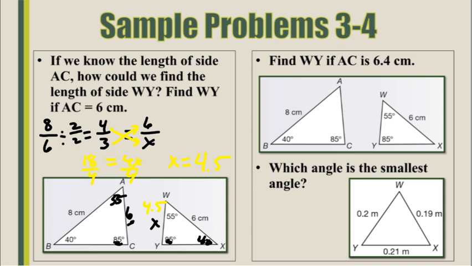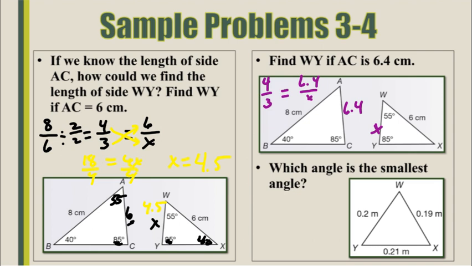Next one, find WY if AC is 6.4. So this is 6.4 here. So we could do the same thing. It's the same ratio, so 4:3. Or you could do 8:6. It's the same as 6.4 is to, we'll call this x.